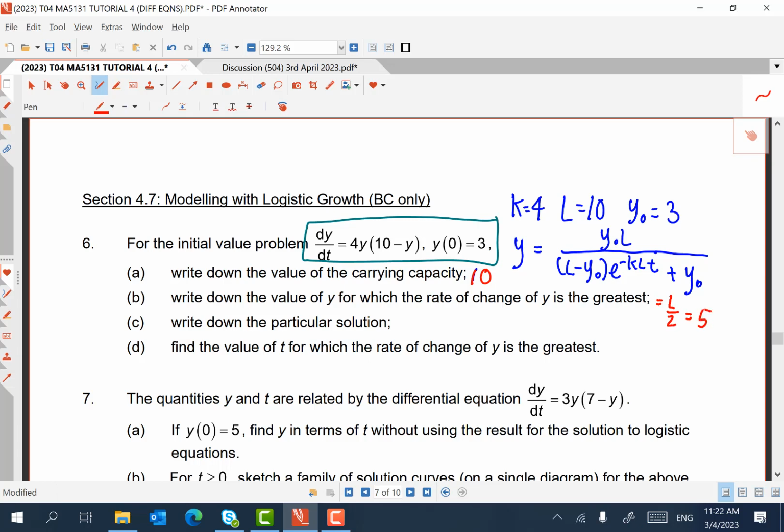Remember, it always occurs when it's L over 2. Write down the particular solution. You just have to plug it in. y equals 10 times 10 is 100, over 10 minus 3 is 7.